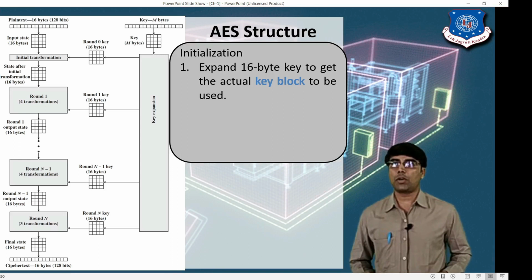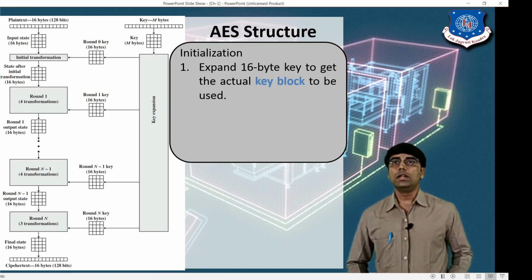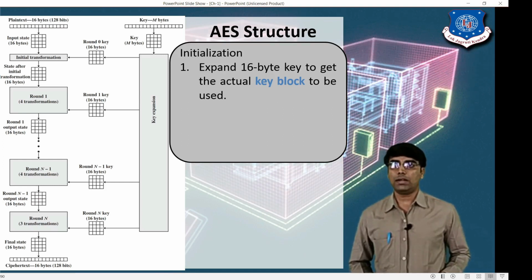After applying the XOR operation, it generates the next matrix, and the result of this initial transformation is stored in this state matrix. Again, the size of this state matrix is 16 bytes. Now the output of this matrix will be given as input to round 1.